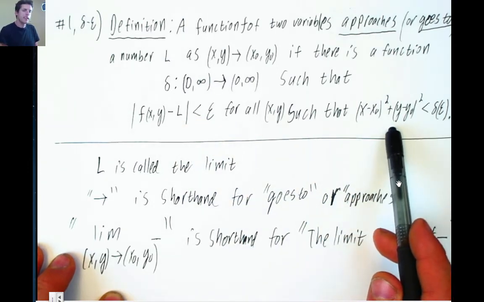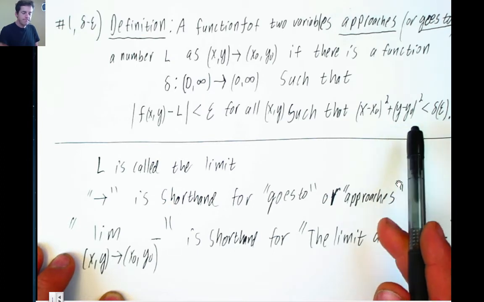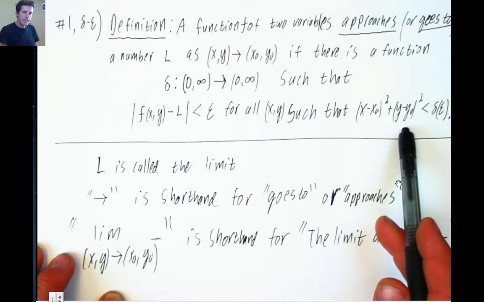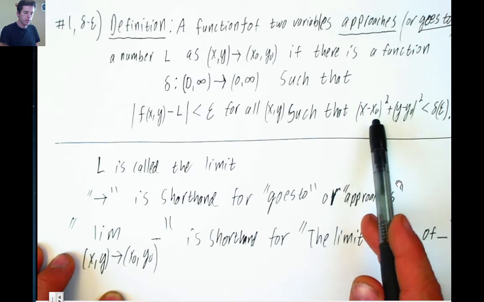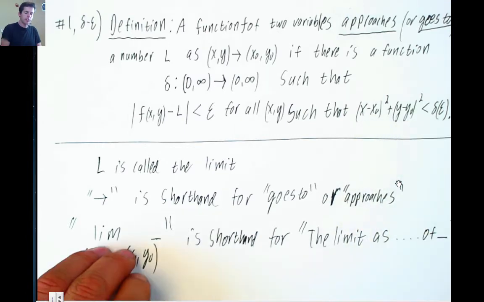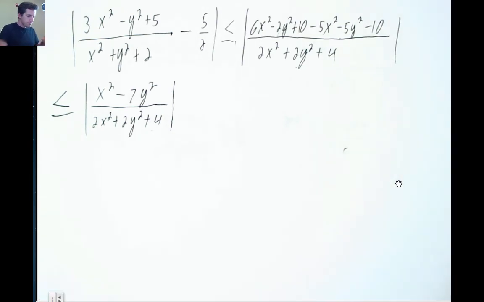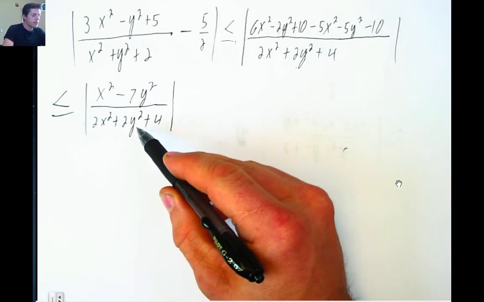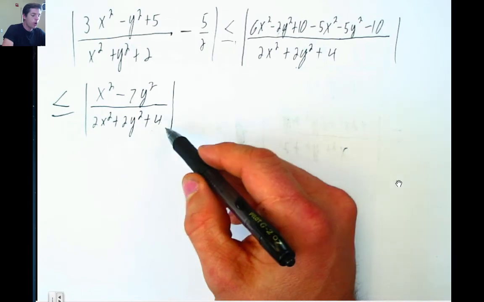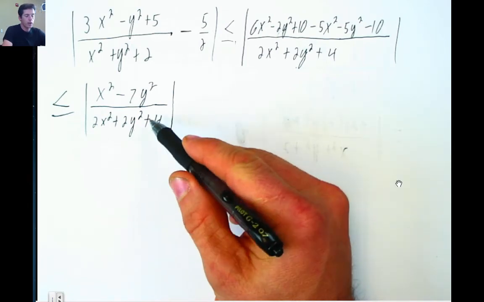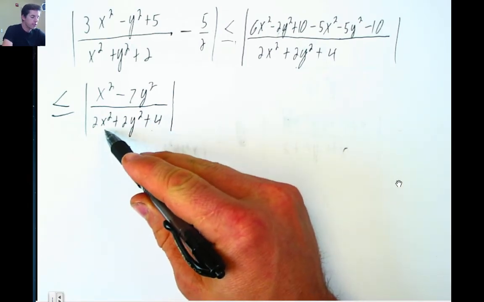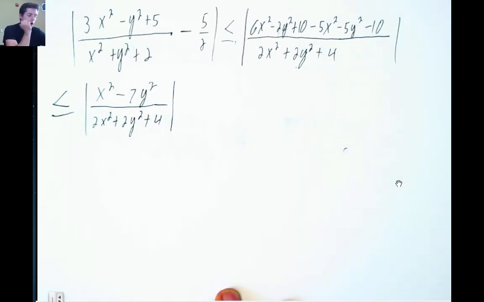So before I write less than epsilon, I would like to have an expression that only involves x minus x naught squared plus y minus y naught squared. So let me work in that direction. Say downstairs, I could have an expression that only involves x squared and y squared. I could factor out the 2 and have 2 times x squared plus y squared. That would be very nice.